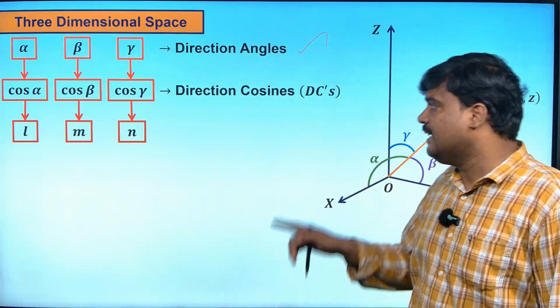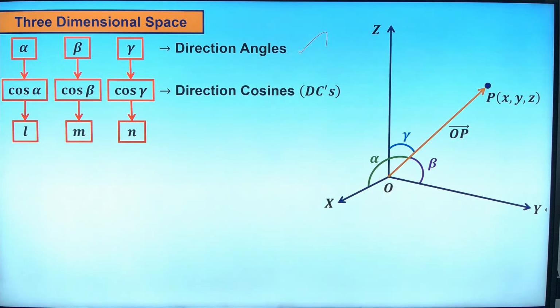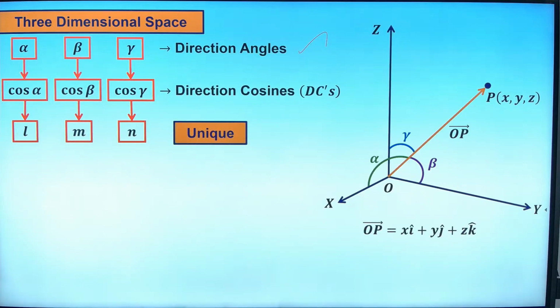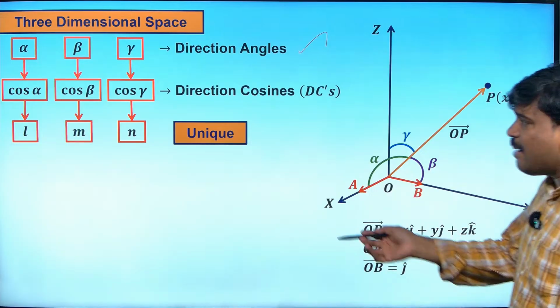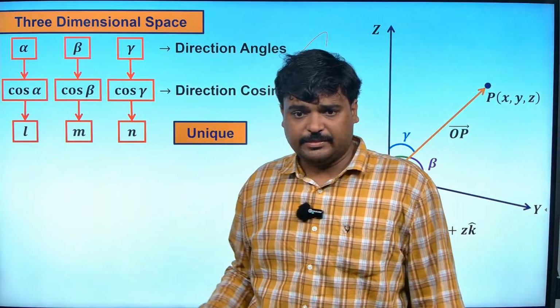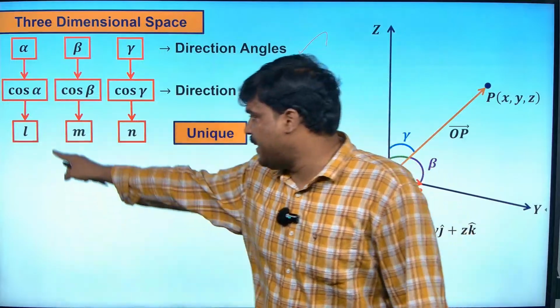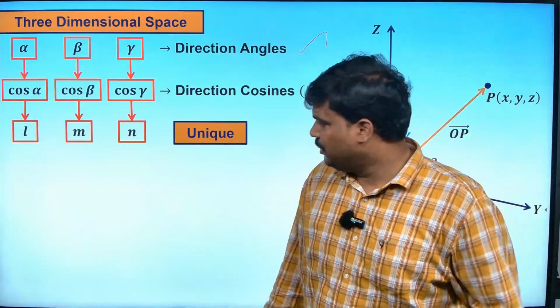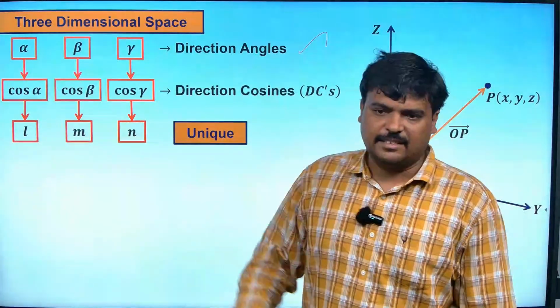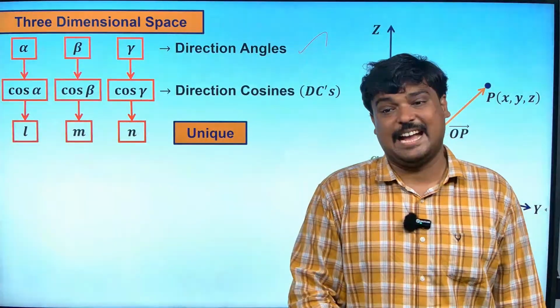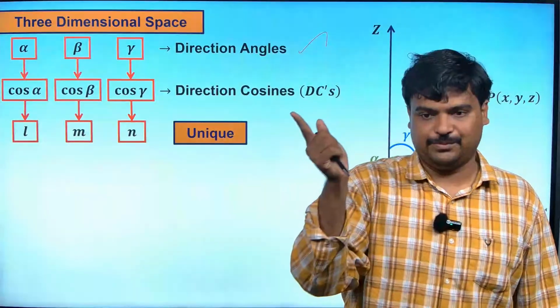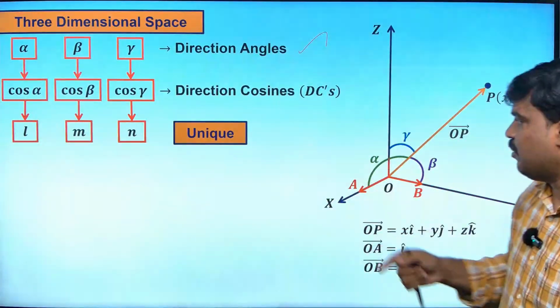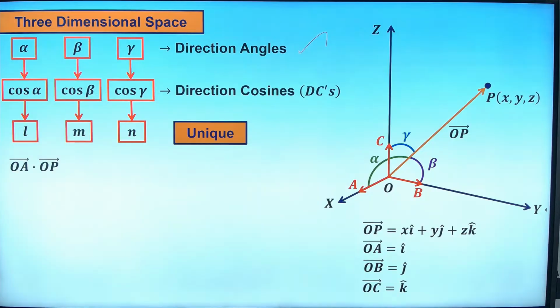So remember this, cos alpha, cos beta, cos gamma is nothing but LMN. இன்னொன்னு பாத்துருவோம், இது யூனிக். ஓகே, இது கூடயே ஏதாவது ஒரு நம்பரை மல்டிப்ளை பண்ணி வந்துச்சுனா, a constant is multiplied with L, M and N. Let me take 2, 2L, 2M, 2N. Then that will be expressed as direction ratio. That will be expressed as what? Direction ratio.